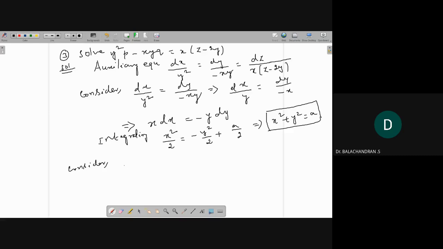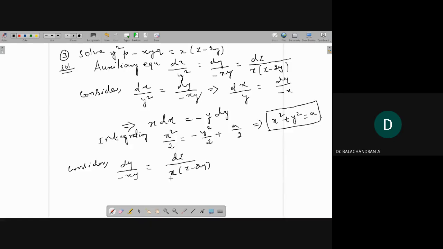So now dy by minus xy equal to dz divided by x into z minus 2y.